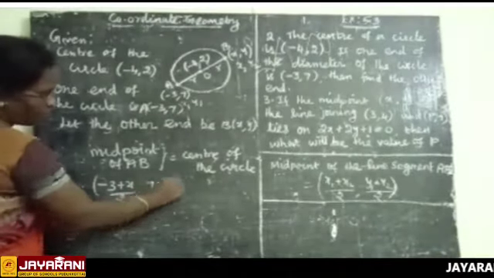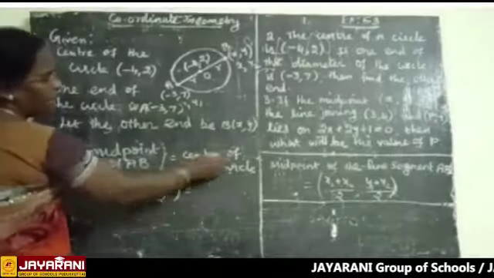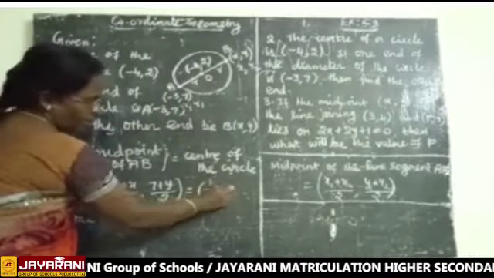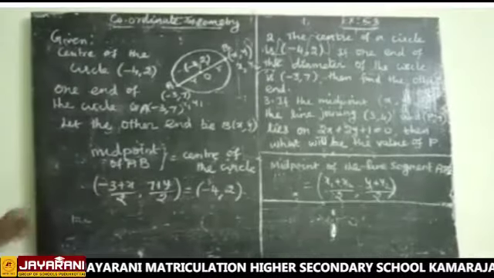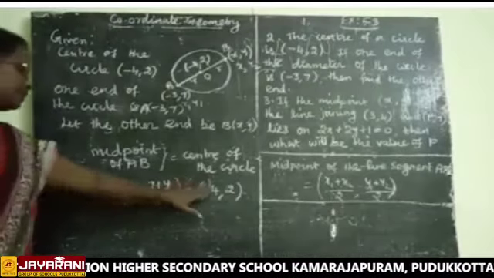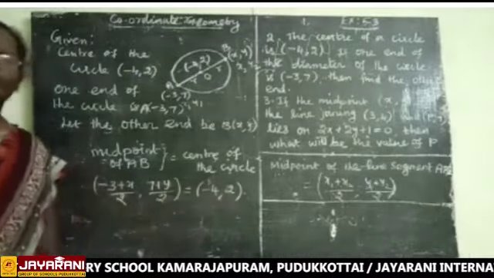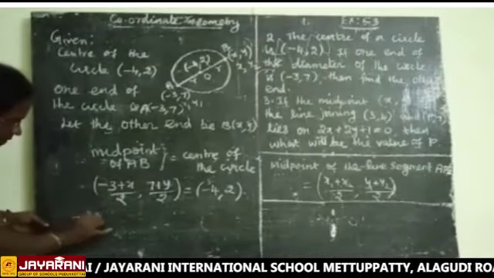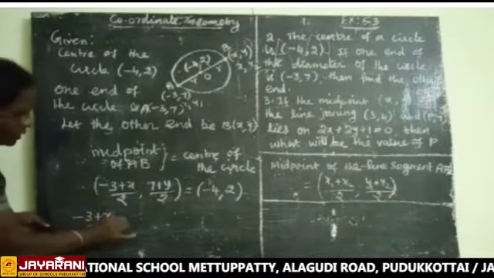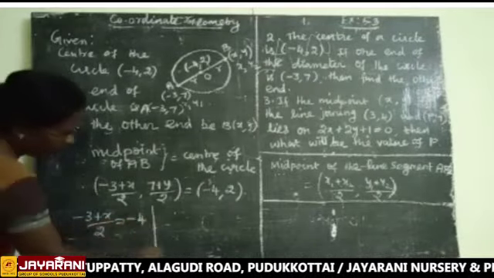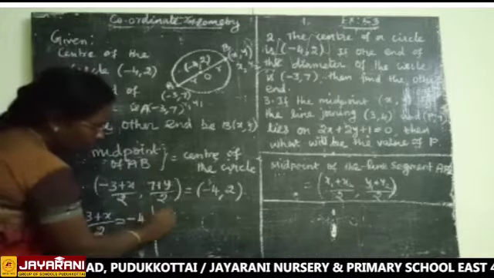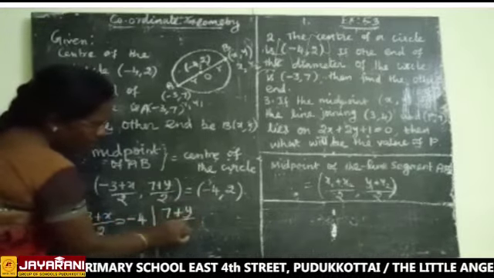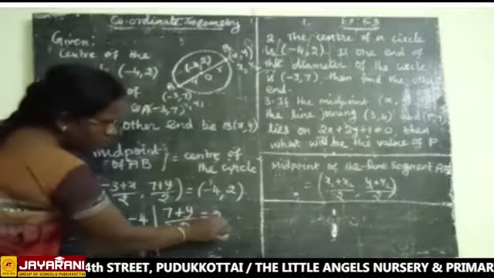This equals the center of the circle, (-4, 2). Now comparing the x coordinate and y coordinate: (-3 plus x) by 2 equals -4, and (7 plus y) by 2 equals 2.